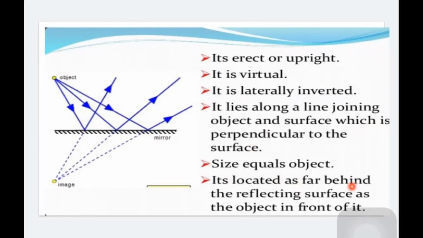It is located as far behind the reflecting surface as the object is in front of it. This means the same thing: the distance at which the object or a person stands in front of a mirror, at the same distance the image is formed, but at the back side of the mirror.